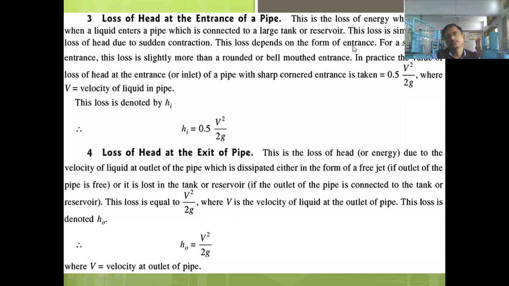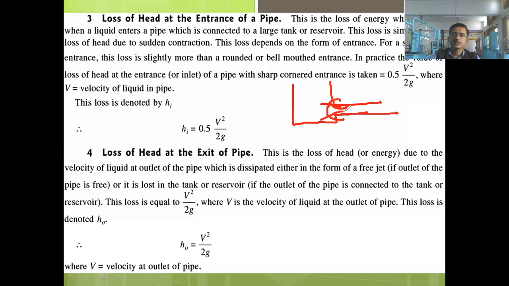Here the diagram is not given, but you can draw the diagram like this. Suppose this is the container, and this is the pipe. If you look at this particular section, water is moving like this, and it is moving like a contraction here.